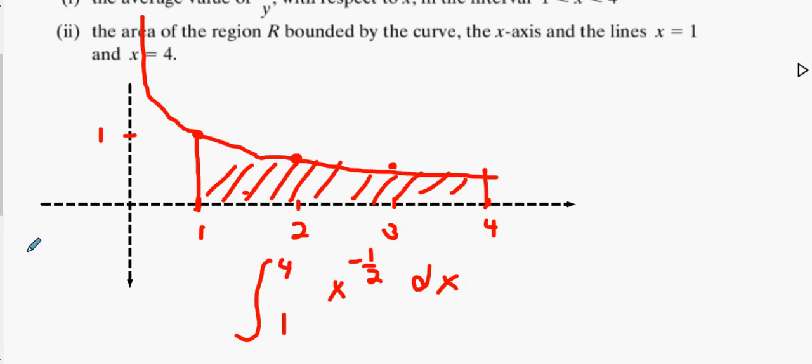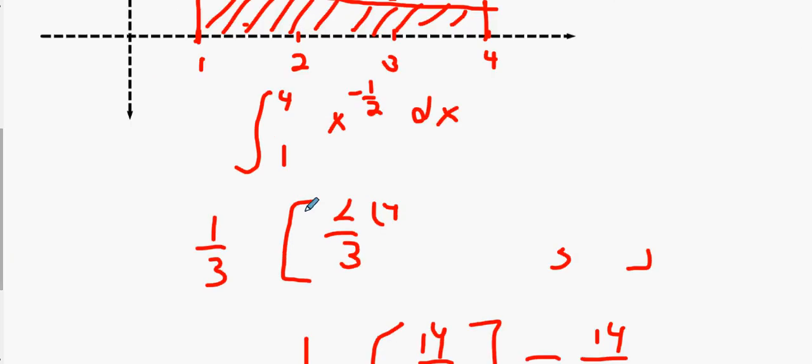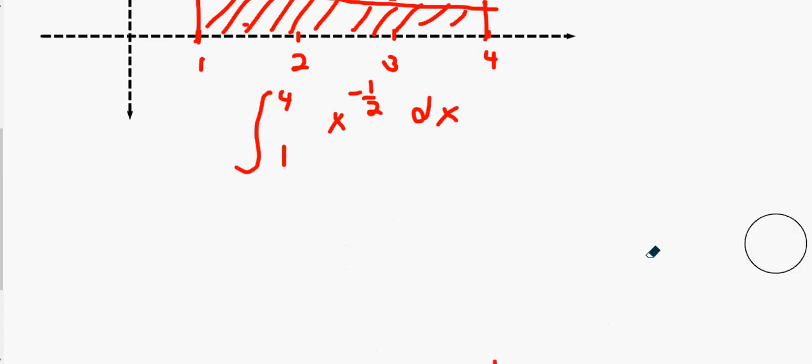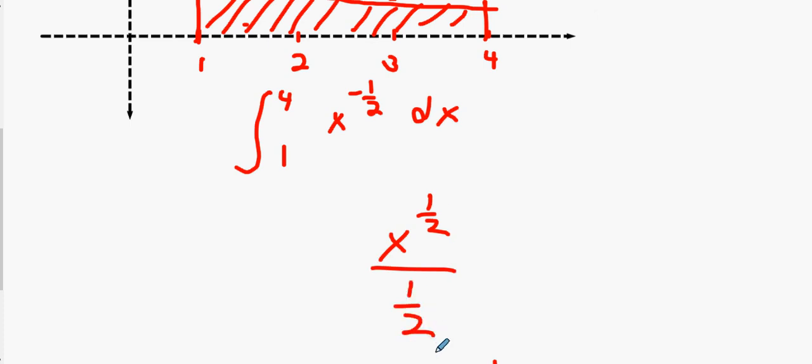So what do we get next? Add 1 onto the power, Connor. Okay. So x to the power of a half is correct. Divide it by the new power. And what do you do with the half? So 2 over 1, which will just be 2. Alright. And do that from 4 to 1.